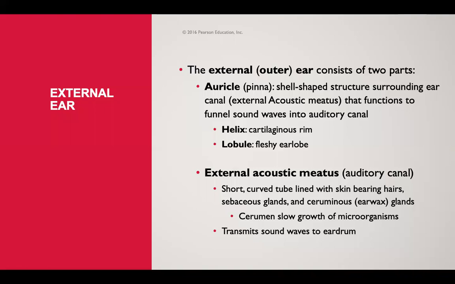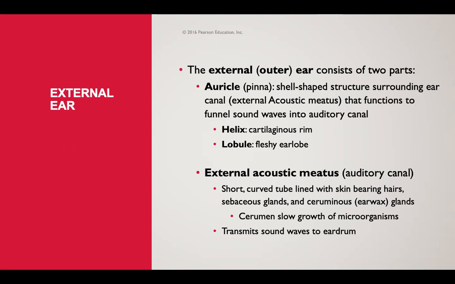And you have a structure called the lobule, which is the fleshy part of your earlobe.